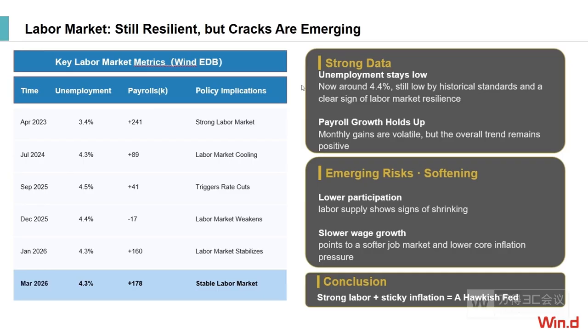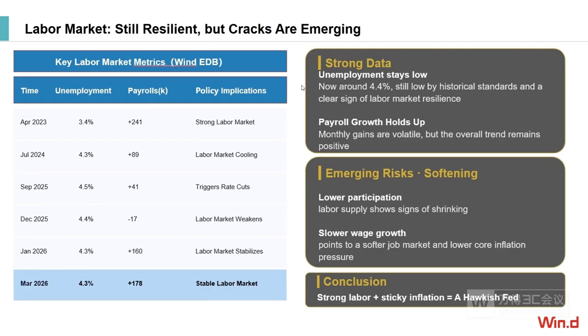From a long-term perspective, the contraction in labor supply will constrain the economy's potential output capacity, which may become a bottleneck for future economic growth. Second, the marginal deceleration in hourly wage growth conveys a more nuanced signal. A slowdown in wage increases typically indicates a marginal weakening of the labor market, reduced hiring willingness among firms, and diminished bargaining power for workers.